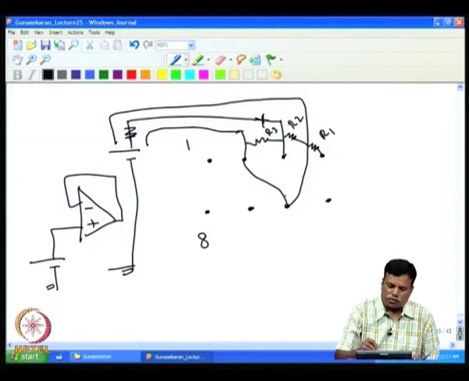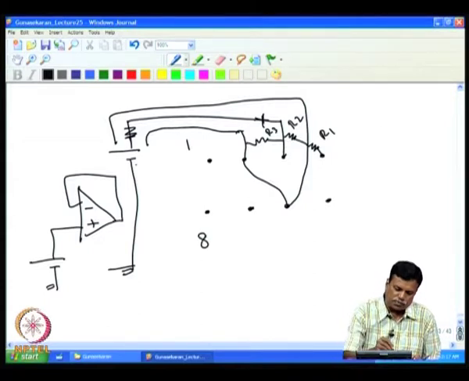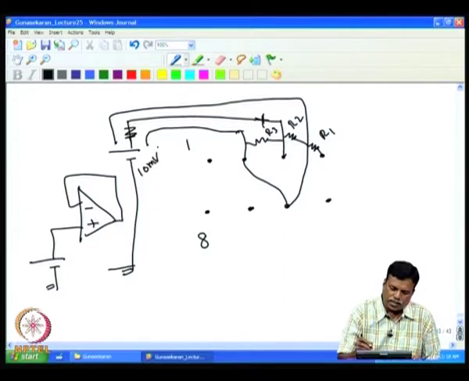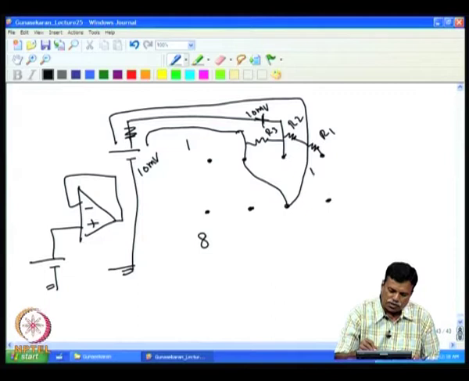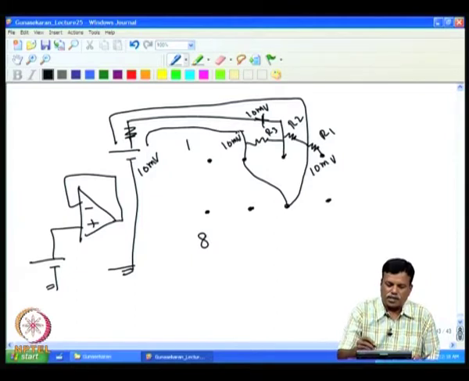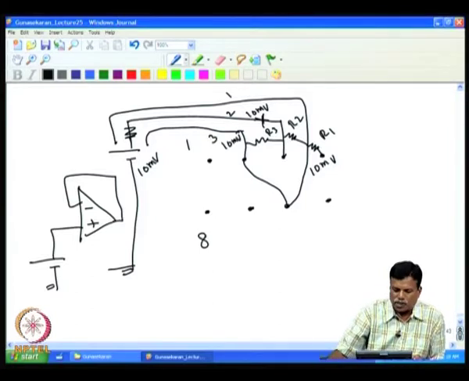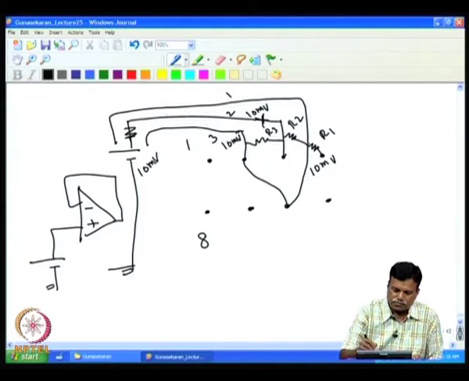But then we know that the output voltage is the same as the input voltage. For example, if this is 10 millivolt, then this is also 10 millivolt, and the output voltage is also 10 millivolt.